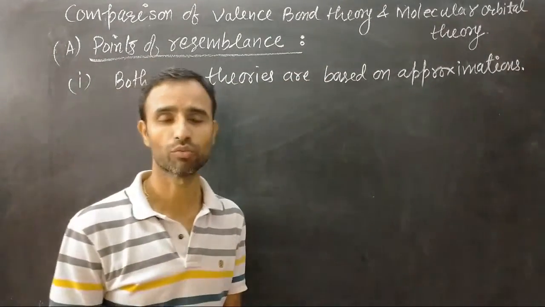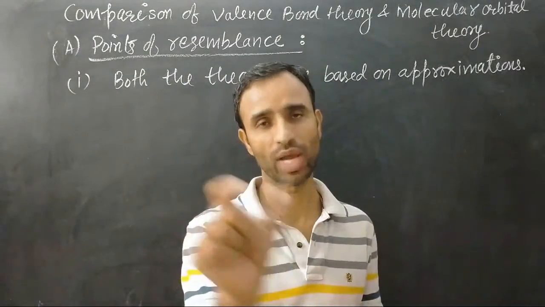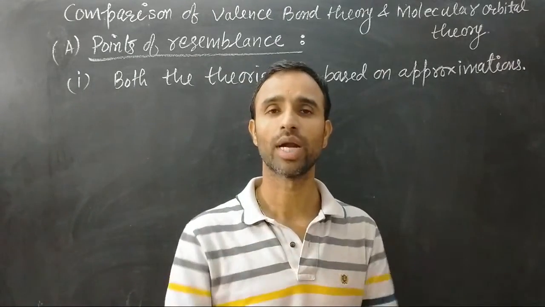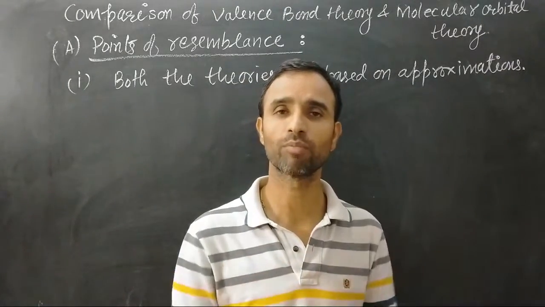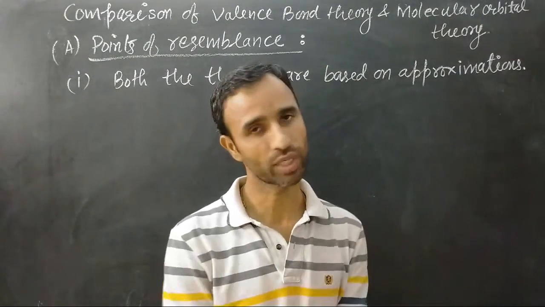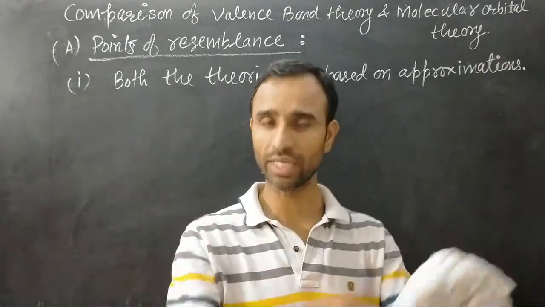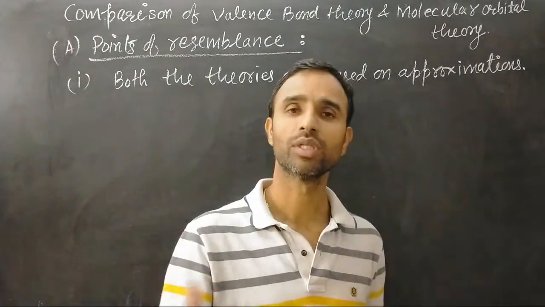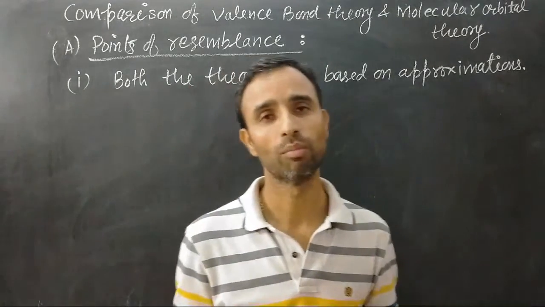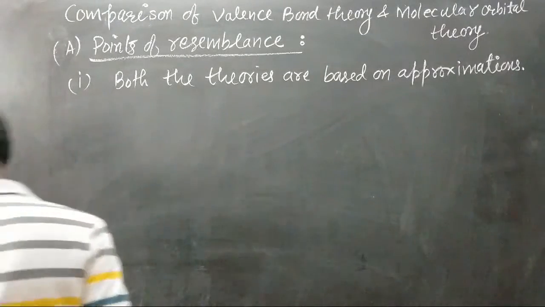Okay, because valence bond theory takes into account the valence electrons in nucleus and electron attraction, electron repulsion, nucleus repulsion, and molecular orbital theory deals with that when atoms combine, molecule is formed, then atomic orbitals are transformed into molecular orbitals, bonding and anti-bonding.